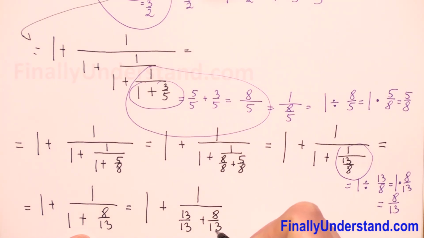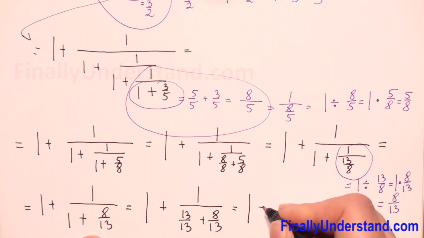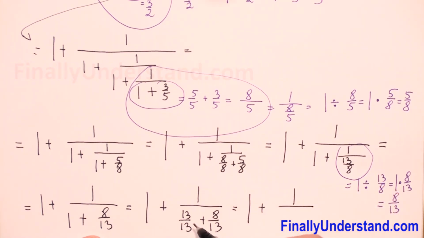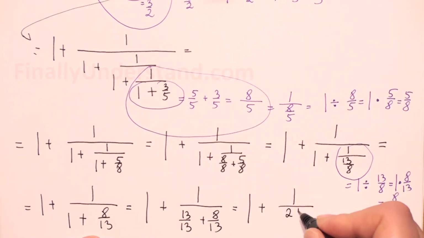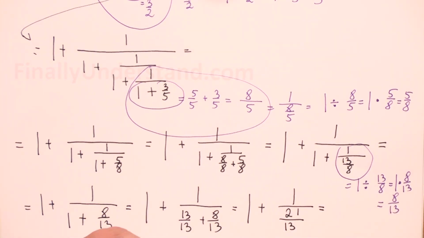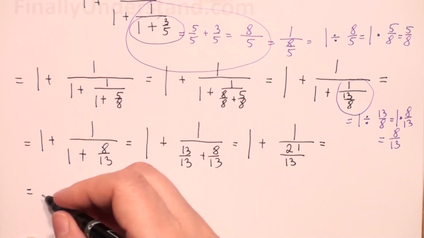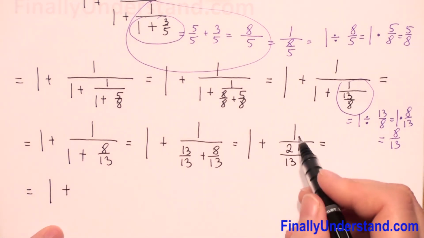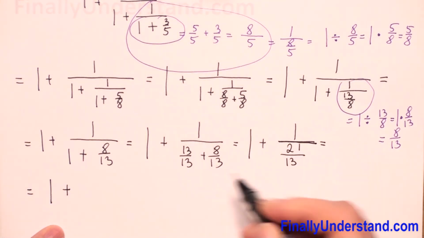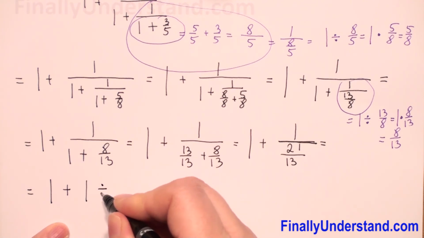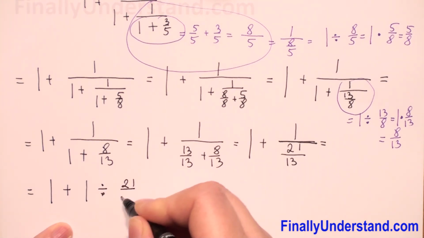Because I have denominator 13 in the fraction. So this is 1 plus 1 over 13 plus 8, which is 21, and we copy denominator 13. So this is 1 plus 1 divided by 21 over 13, because the fraction bar means divide.